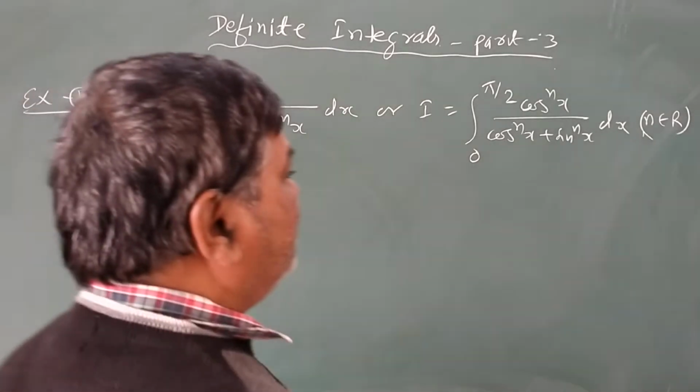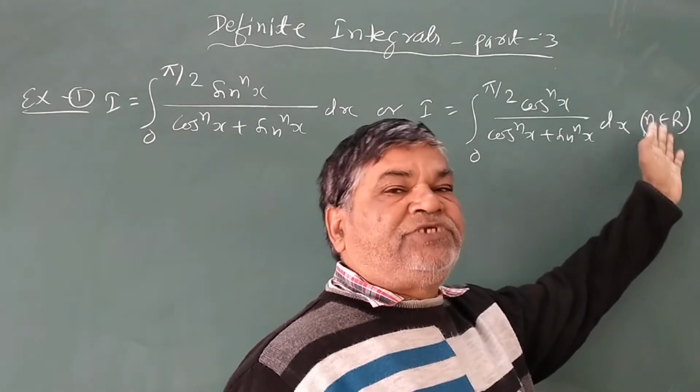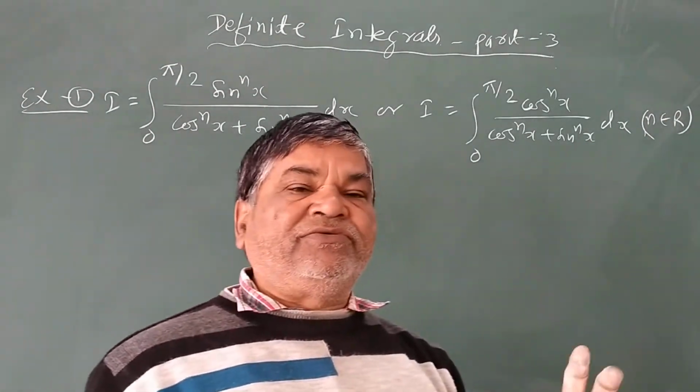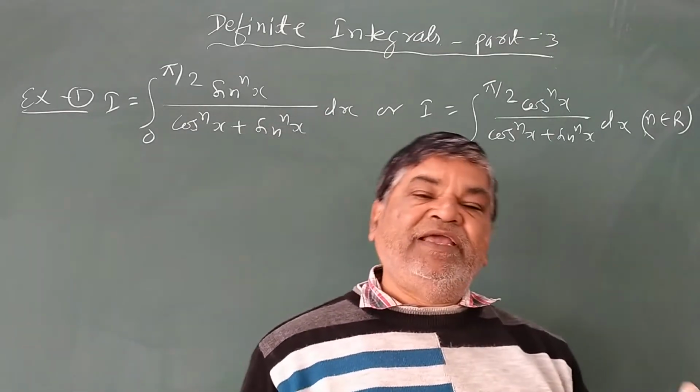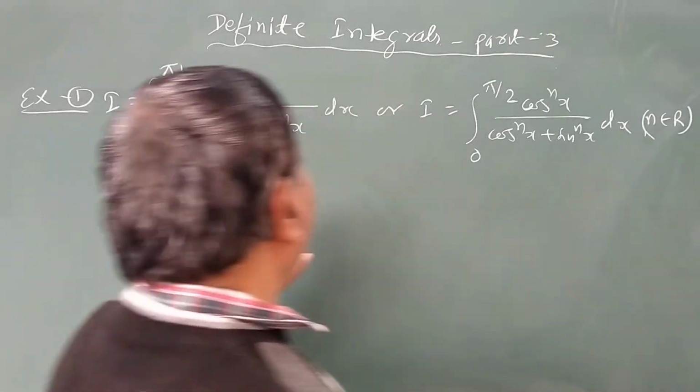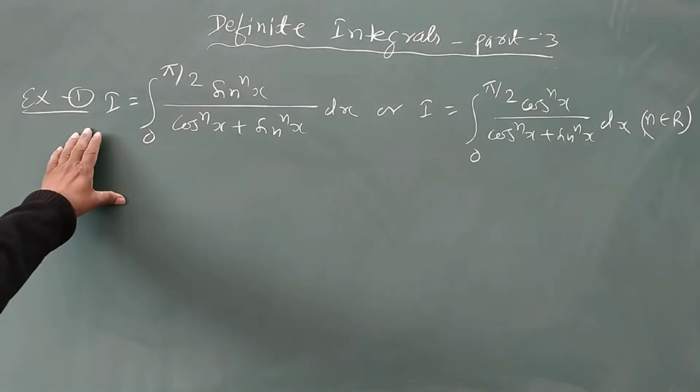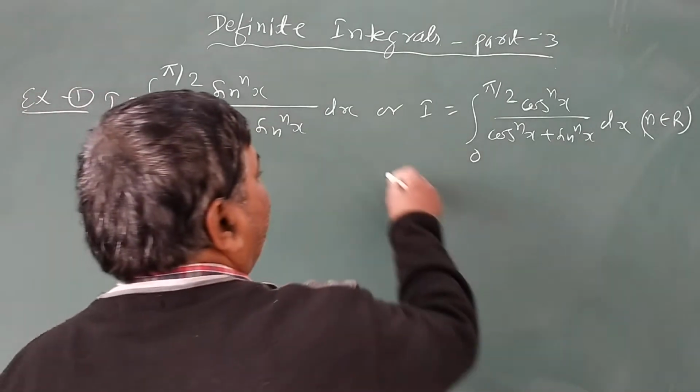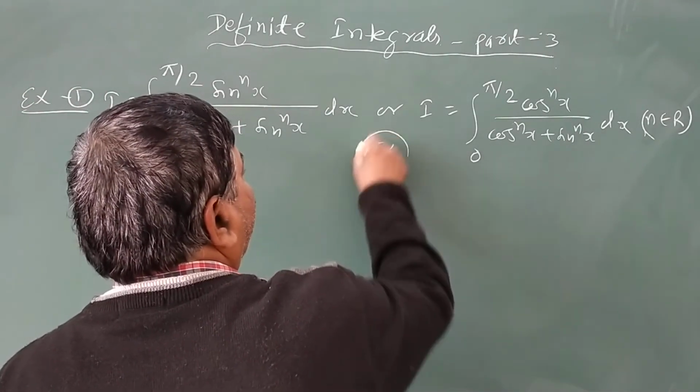N can be 1, 2, 3, 1 by 3, 2 by 3, 5 by 3, any number. Remember, the integral value of this one is always pi by 4.